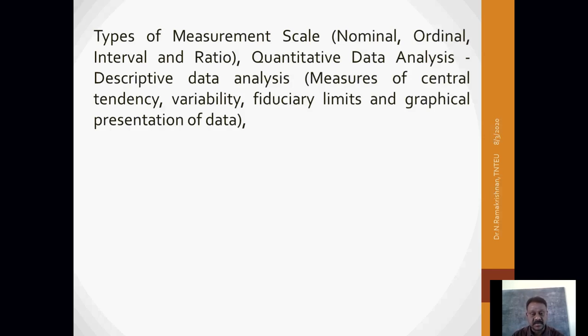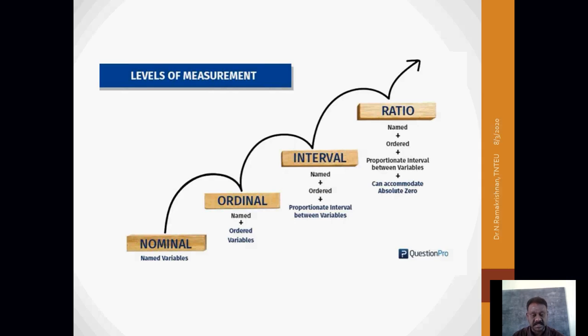In the next session, we will see a detailed description of measures of central tendency, variability, fiduciary limits, and graphical presentation of data. My session for today will cover only types of measurement scale, nominal, ordinal, interval, ratio scale, quantitative data analysis, and qualitative data analysis, otherwise known as descriptive data analysis.